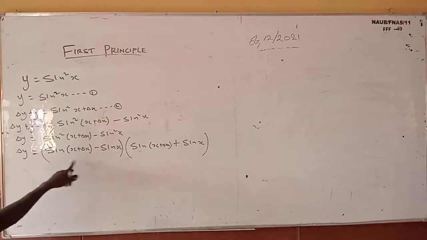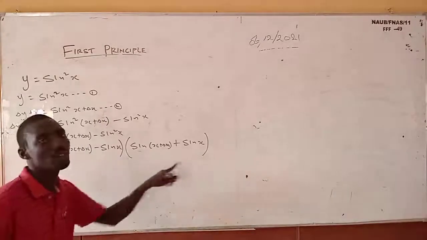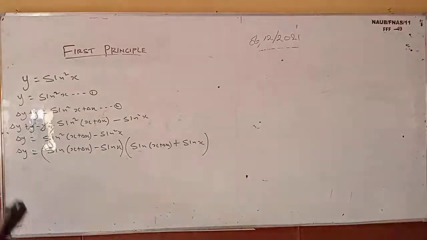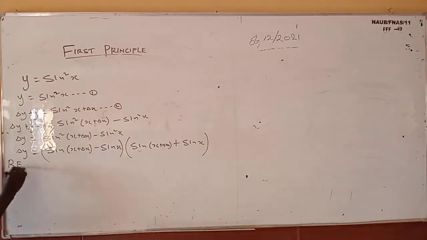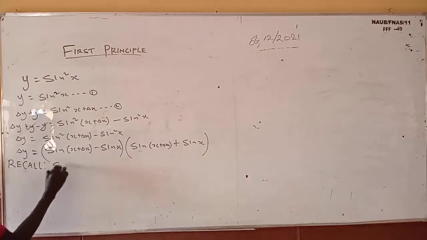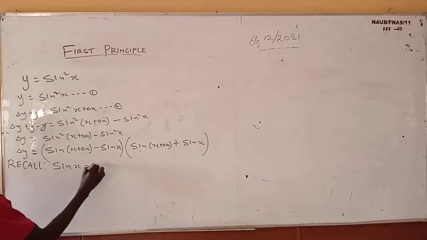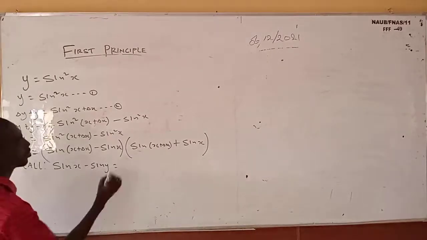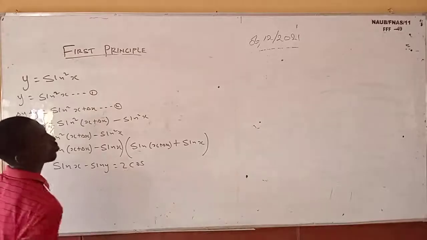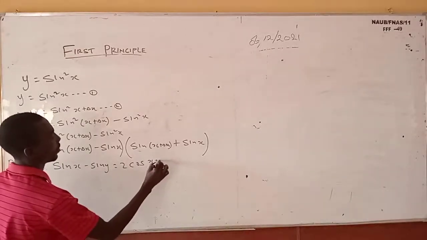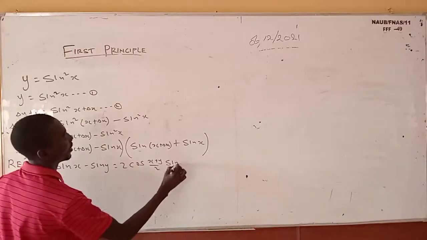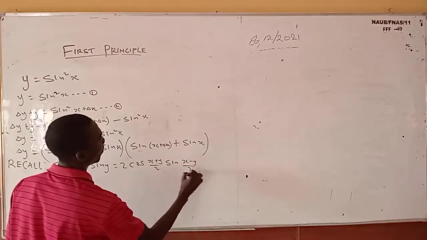For us to move further, you can see this is nothing but the factor or product formula. You have to recall that sin A minus sin B is 2 cos of (A plus B) over 2 times sin of (A minus B) over 2.